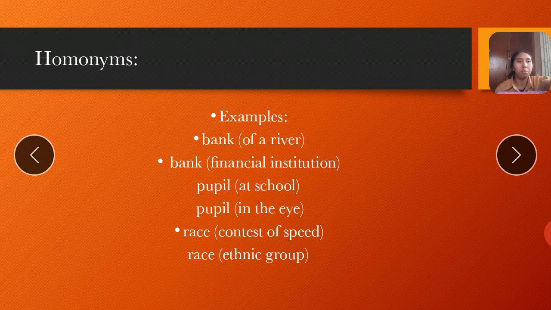And then homonyms. What are homonyms? This is the example of homonyms: bank of a river, bank as a financial institution, pupil at the school, pupil in the eye, race as a contest of speed, race as an ethnic group.